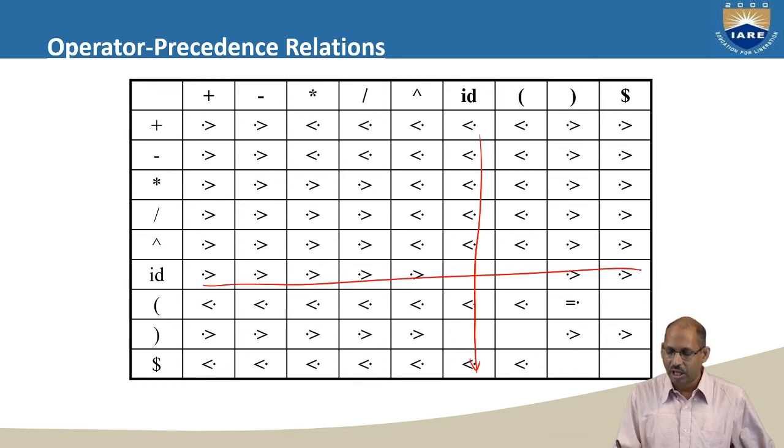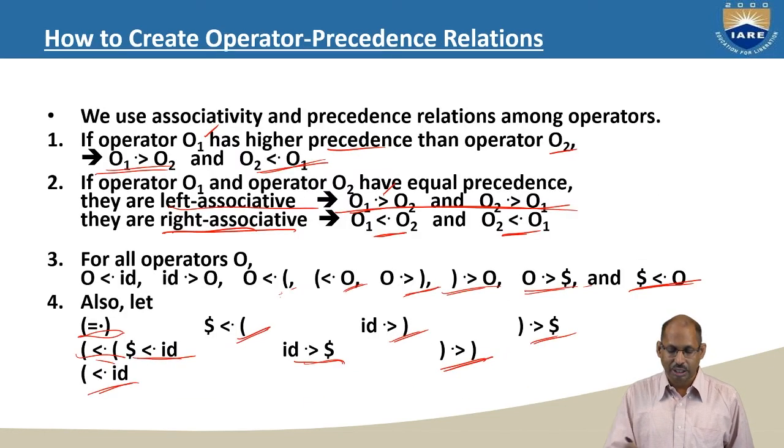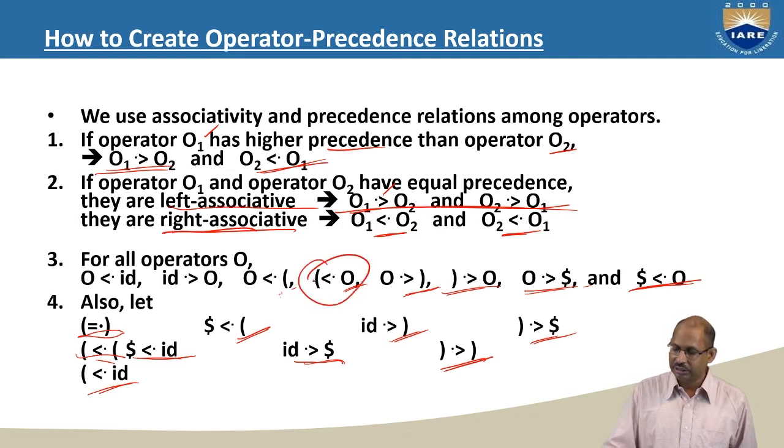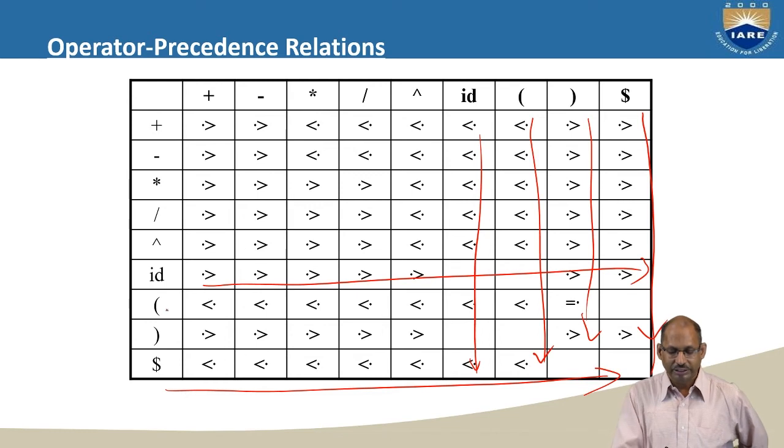Dollar sign has less precedence. Just now we discussed the relation between operators. When you consider these left parentheses, they are equal. Okay.